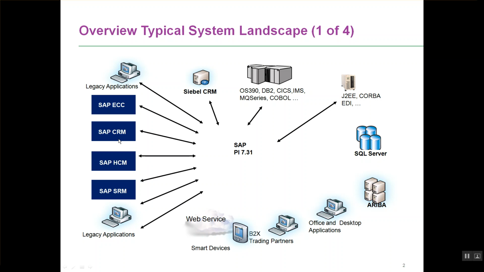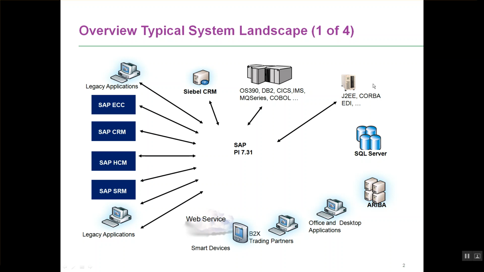For your customer relationship, you use your CRM, and for your core enterprise functionality, you use ECC. You would have multiple legacy applications. This could be a mainframe application. This could just be a third-party Windows application running somewhere. You could have not only an SAP CRM, you could have a Siebel CRM, you could have a cloud CRM like Salesforce.com. You would have multiple databases, messaging services.